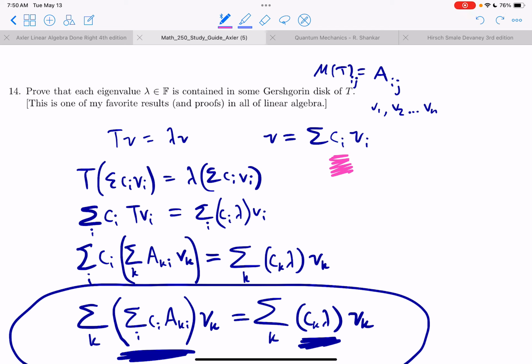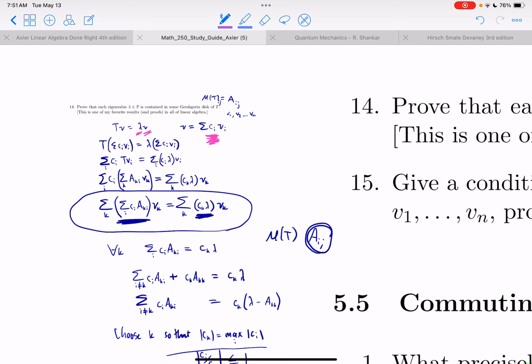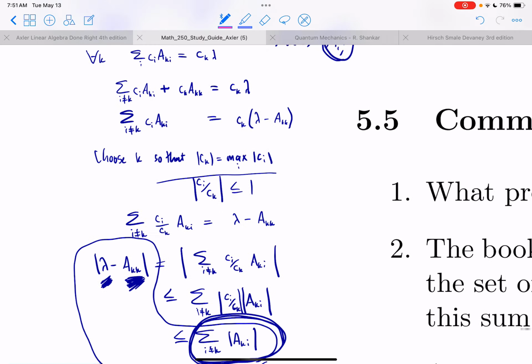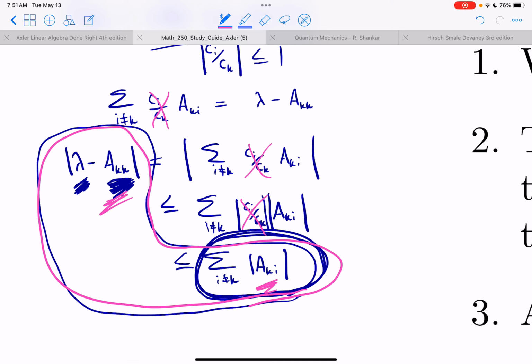Okay? But if we just give them a name, we just call them c_i. We have no idea what they are. We give the eigenvector a name, v. We give this a name. And then we compute. And then we're able to, by cleverness, get rid of all the things that we didn't know about and just have things that we do know about, the entries of the matrix in whatever basis we chose.